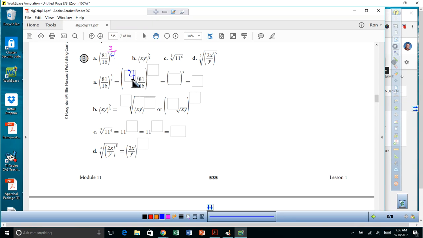We're going to put the 4 out front as the root and a 3 in the exponent.